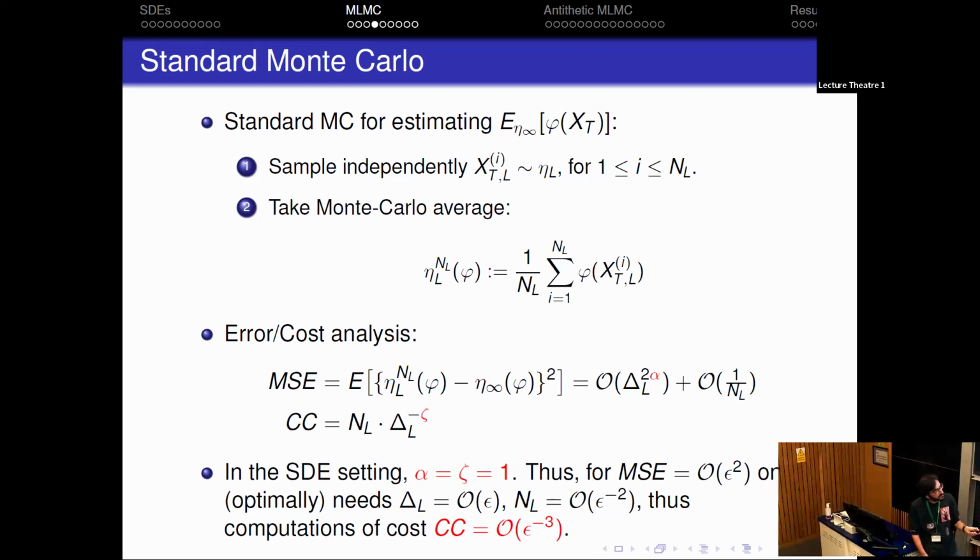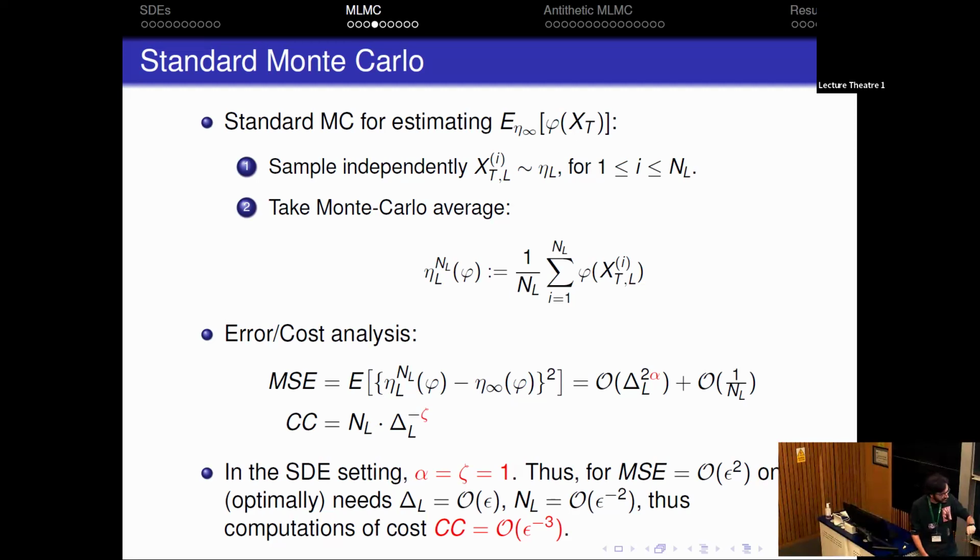We have to control both the variance and the square of the bias. We have to make our step size small enough to control the bias, which gives a cost of 1 over epsilon for each Monte Carlo sample. Then we have to control the variance as well, so we need epsilon to the minus 2 samples. In total, we get epsilon to the minus 3, which is not entirely satisfying.